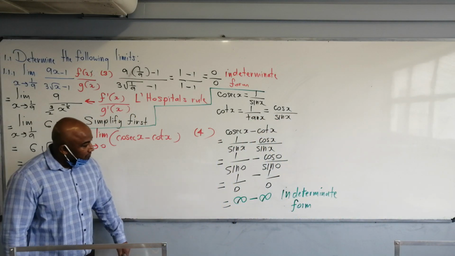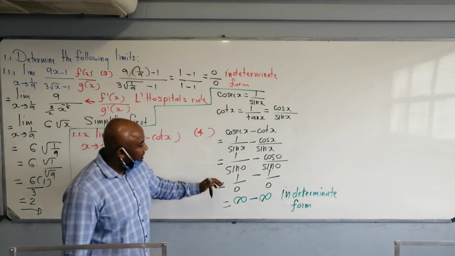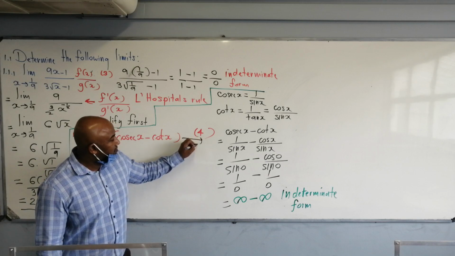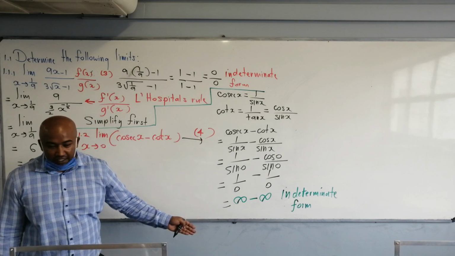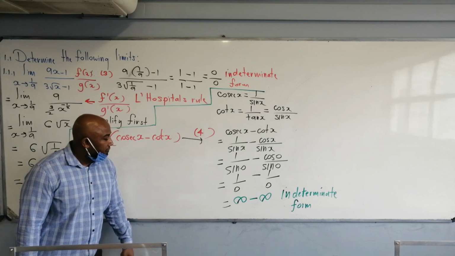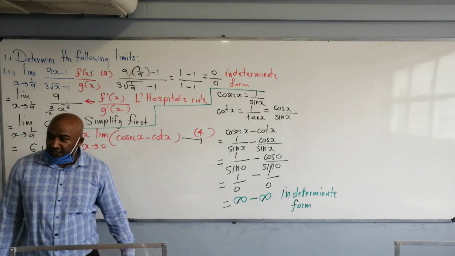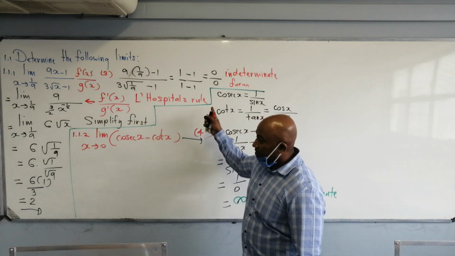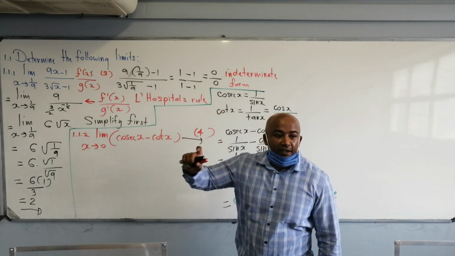Right, so now what do you do? So here we're showing that. You show your working on the side here, you can see that. But you change cosec minus cot. Now, we need to differentiate. This rule only applies to fractions.